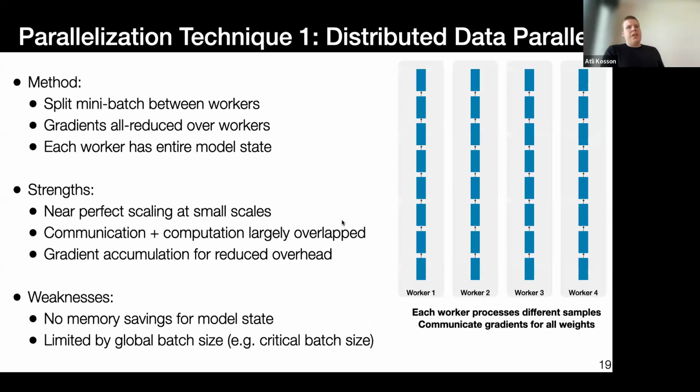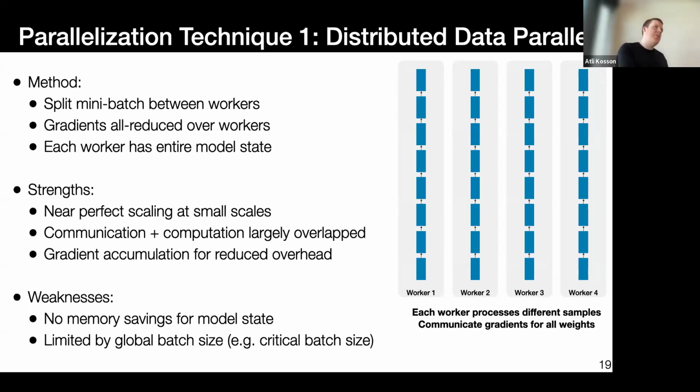Okay, so the first method, and the most commonly used in practice, I would say, you are quite likely to use this at some point. The other ones, pipeline and tensor, maybe slightly less so. But here, like I said, we just divide the input samples between different workers. And what this means is that each GPU just does the same thing as a single GPU.